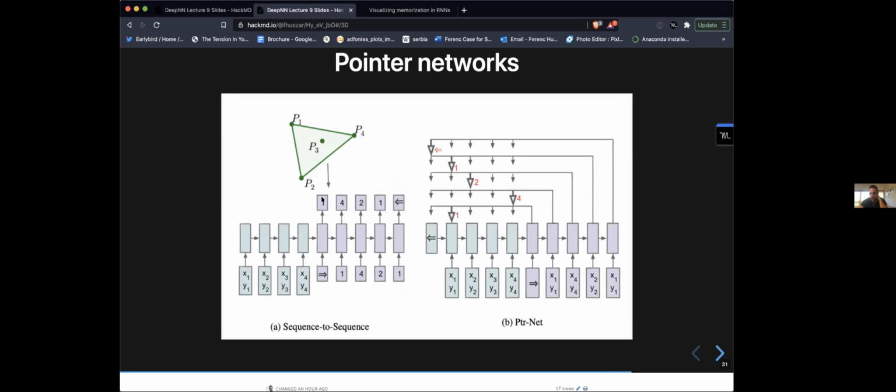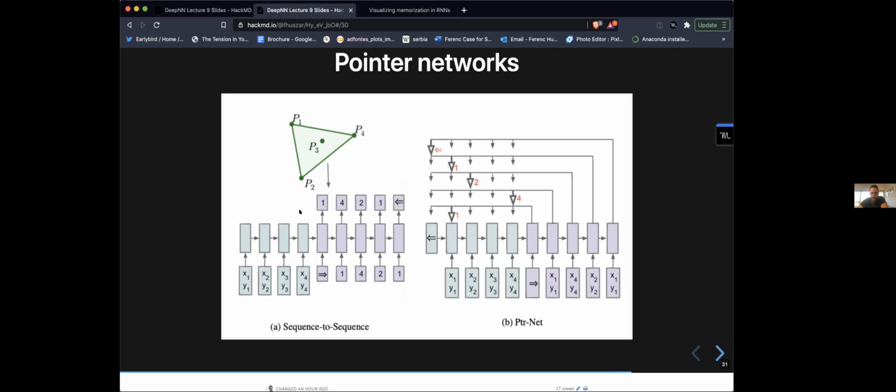If you want to solve this with sequence-to-sequence, the encoder network on the left, which is the first part of the network, would ingest the list of points that are given to it, so x1, y1, x2, y2, and so on, and then it would output a sequence of point indices to define this polygon. It would say 1, 4, 2, 1, which means the polygon goes through point 1, then point 4, point 2, and then point 1 again.